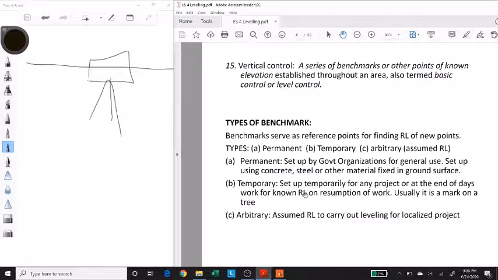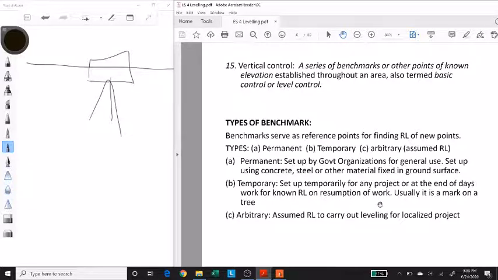Then we have a temporary benchmark. This is set up temporarily for any project at the end of the day's work. Let's say you're working on a project where you have to find out reduced levels of a number of points, and you need to continue your work over different days. In that case, at the end of the day, you can mark any point on the ground. It can be a rock, it can be a tree, and you can locate a line.